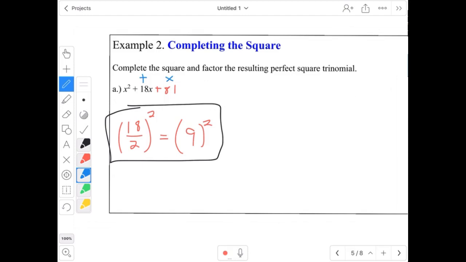Well, 9 and 9. What two numbers multiply to get 81? Well, 9 and 9. So we would rewrite this, if we were completing the square, as x plus 9 squared, and then we would go on from there. But like I said, this is just a quick example to get us thinking about the completing the square method.